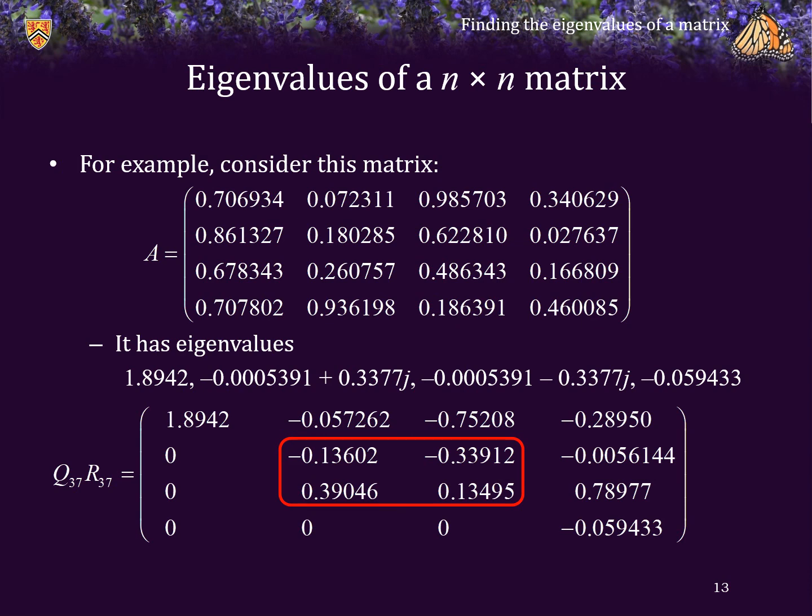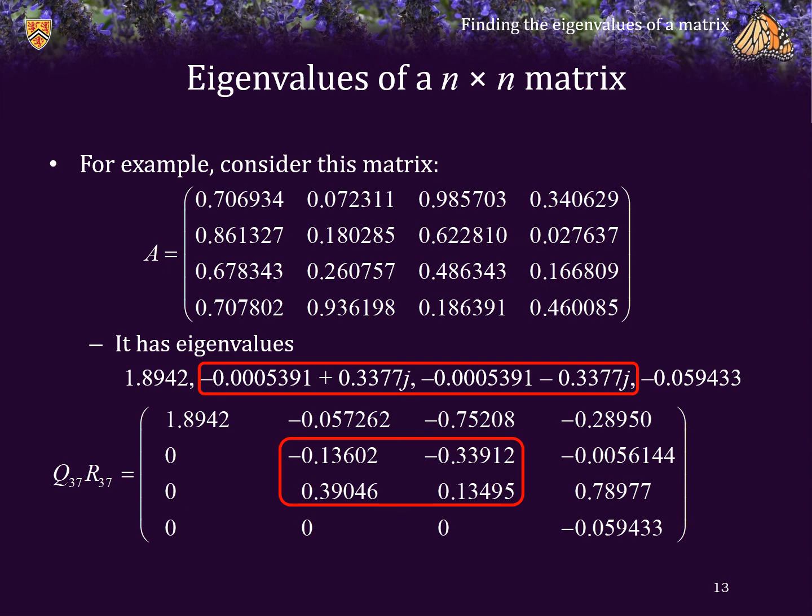So, using the formula we saw previously, we can calculate the eigenvalues of this 2x2 matrix, and those 2 eigenvalues are the last 2 eigenvalues of the matrix A. So essentially what we have here is a block upper triangular matrix where the entries along the diagonal are either 1x1 entries, which are real eigenvalues, at least if we start with a real matrix, or a 2x2 block, where the eigenvalues of that 2x2 block are a complex conjugate pair.